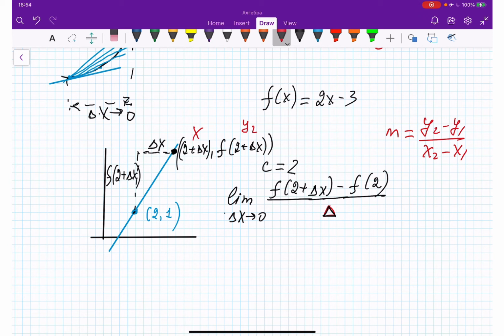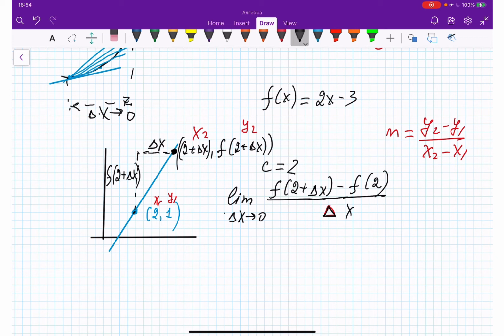Let's say y2, x2. This one is x1, y1. And here we go, divided by delta x, since x2 minus x1 is delta x.